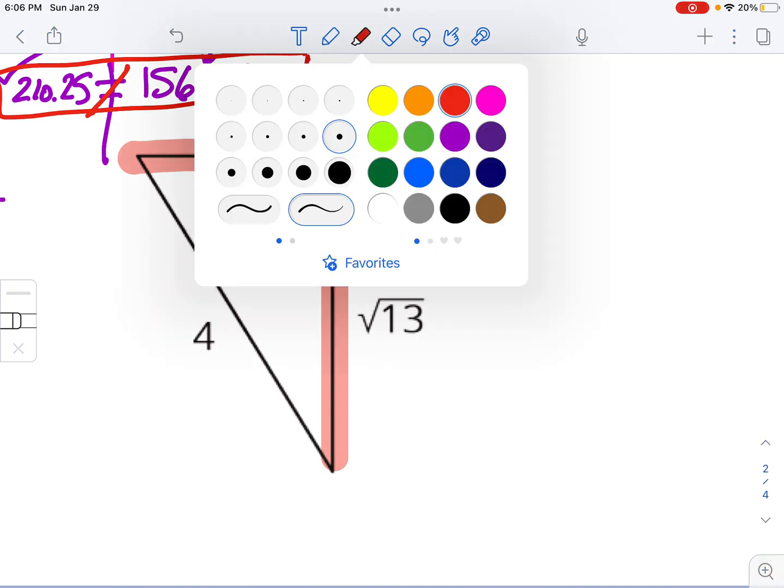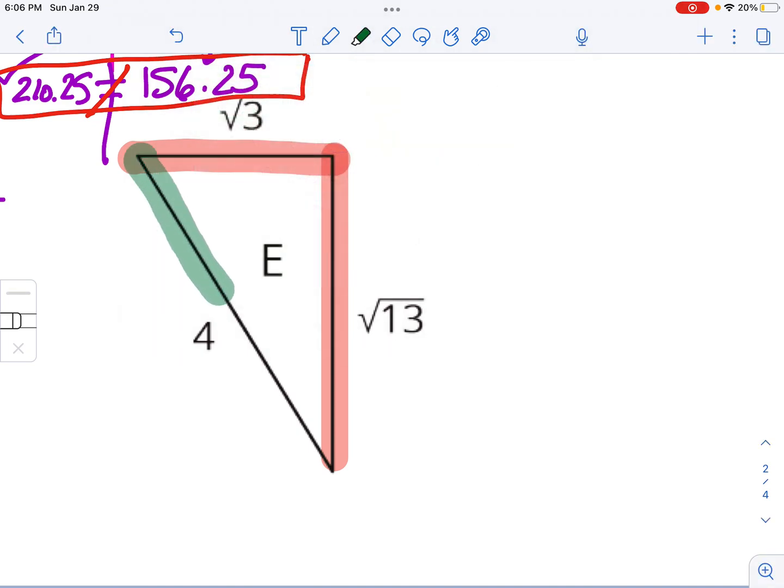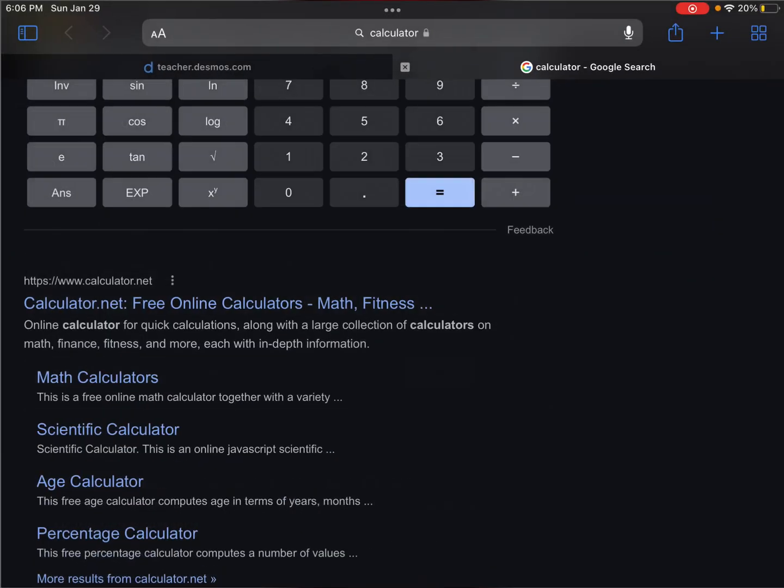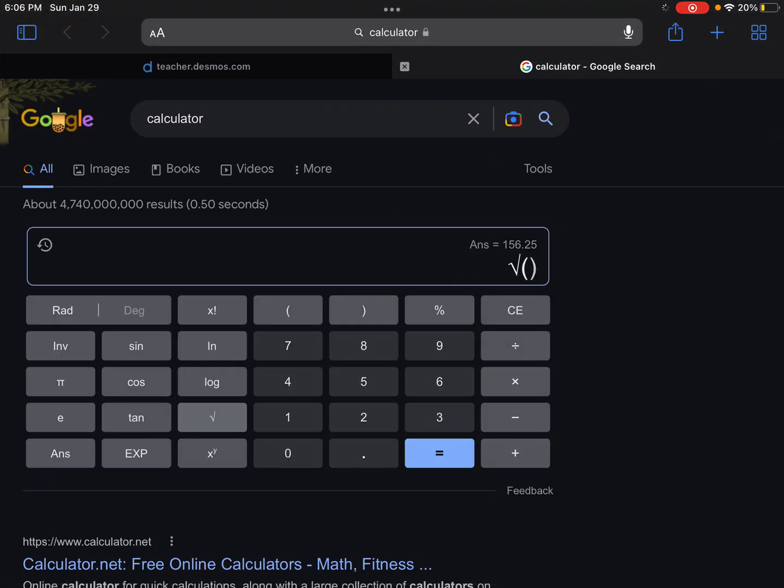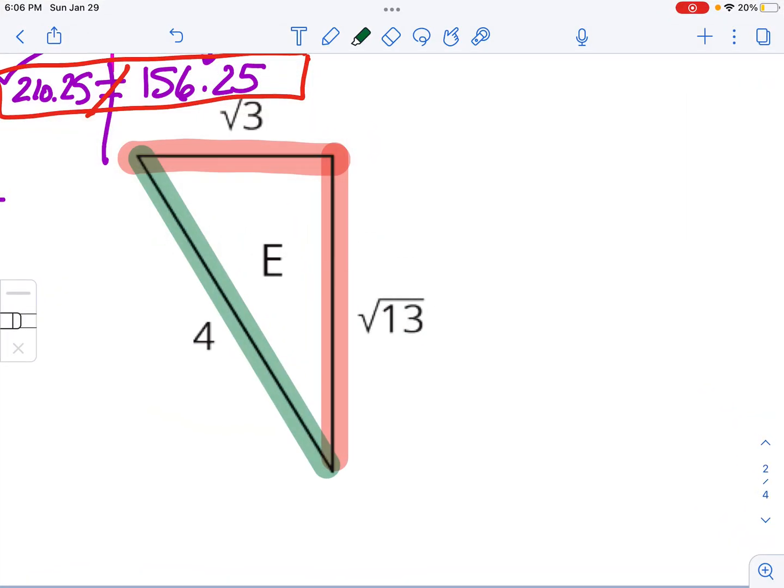So 4 has to be my longest side. Again, you could always use a decimal or a calculator to check if you're not sure. So square root of 13, that's 3.6. So then I know that these can be my legs. This is my A, this is my B, and then this has to be my C, because this is 3.6 something. So 4 is the biggest, which means it's my hypotenuse.